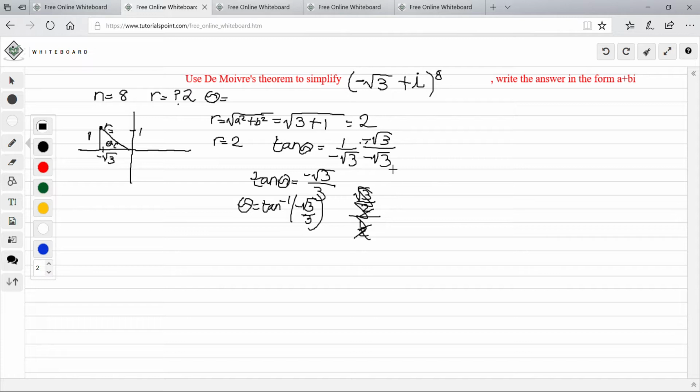Pi over 6 has a sine of 1/2 and a cosine of √3 over 2, which gives us positive √3 over 3. We were in the second quadrant, so our angle would be 5 pi over 6. So theta is 5 pi over 6, which gives a cosine of -√3 over 2. Okay, so we found theta, which is 5 pi over 6.